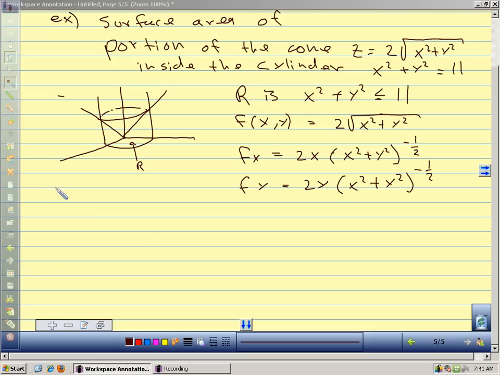And our region in the xy plane looks like so. This is a quarter of it. This is x squared plus y squared equals 11. So we're going to use polar coordinates.